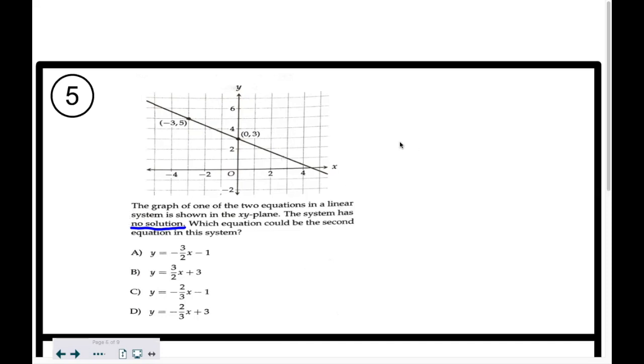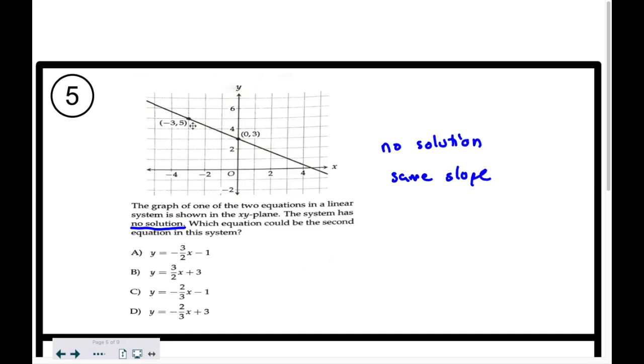What we need to know, another thing about no solution. When they're in standard form like the last problem, the left side needs to be the same and the right side should be different. Well, when they're in slope intercept form, no solution is just when they have the same slope, because same slope leads to parallel lines, and parallel lines never intersect, so you get no solution.